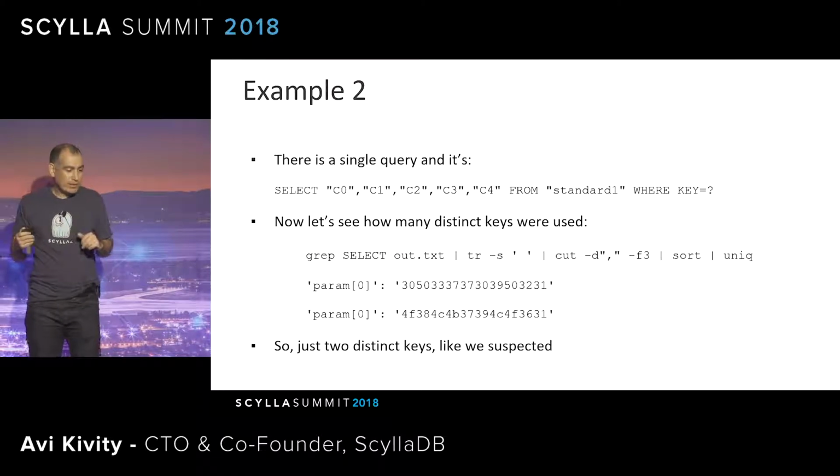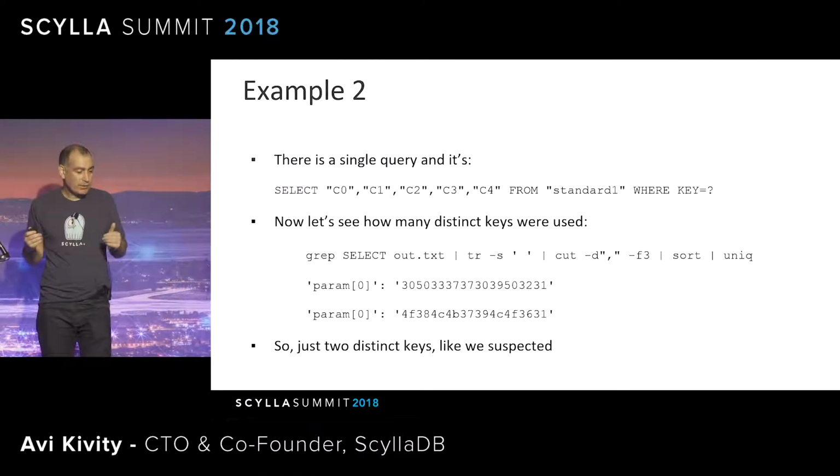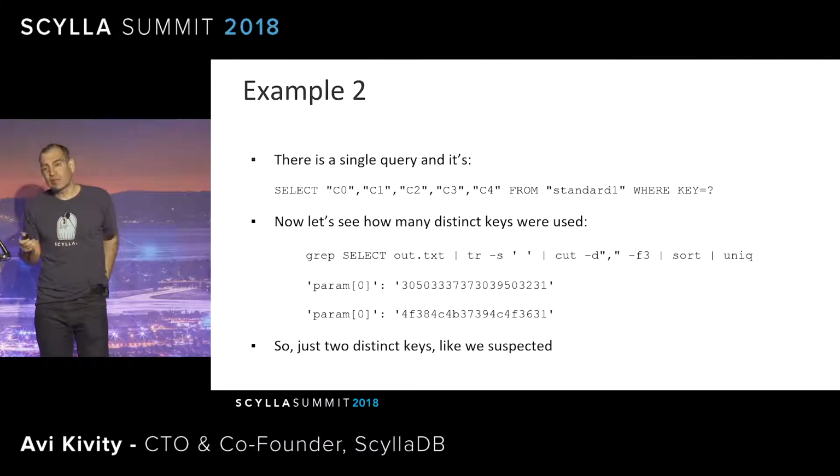So here is a query that was running, and if you look at the output of the trace, you can look at the parameters that were sent, and you can see that there are two distinct keys, and you can even trace back in your application what the source of these keys are and punish the offender or fix the problem or whatever.